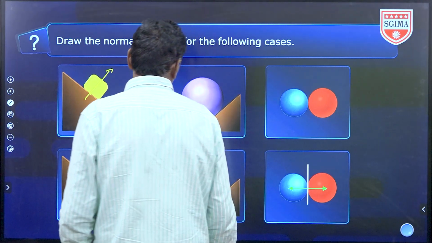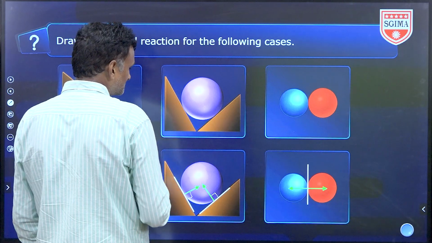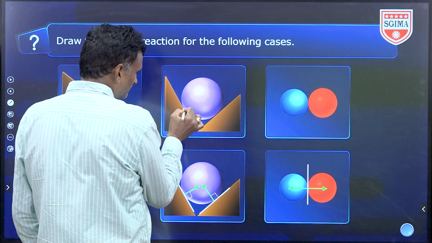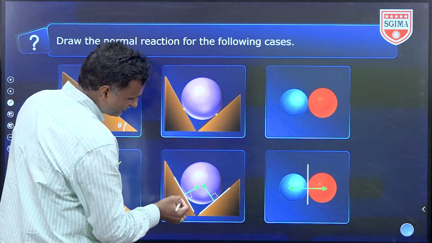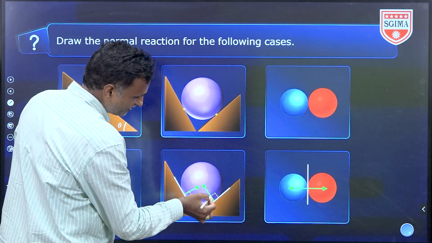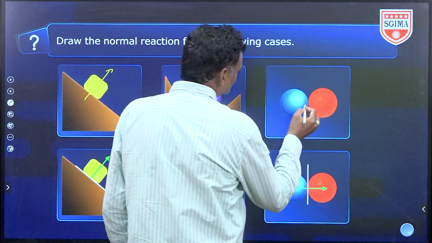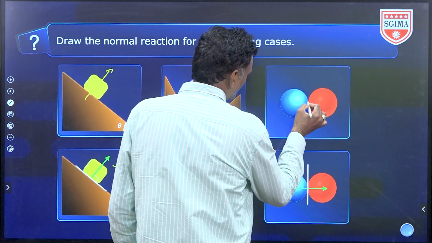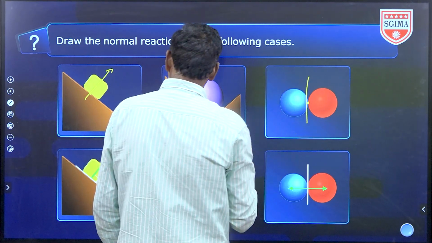Next, here is a cylinder or sphere, whatever it is, and at this point we find contact, and for that you can see normal perpendicular, here also normal perpendicular, right? Next, in this case here is the contact point, and for the contact it is a tangent actually.